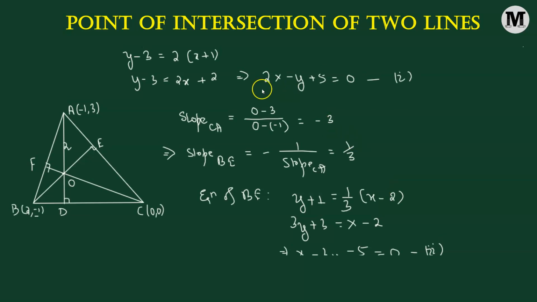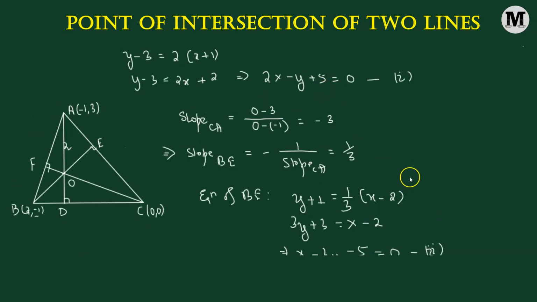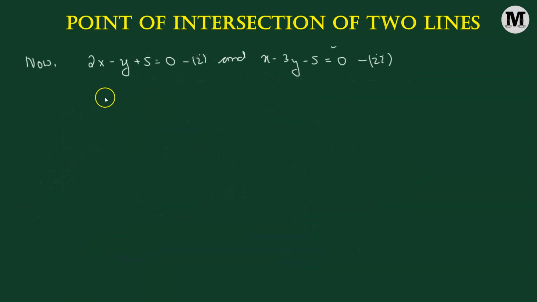So let's take equation 1 and equation 2, and then we are going to solve for the values of x and y. So we'll first consider equation number 1 and multiply each term by 3. So 3 times 2x is going to give us 6x, minus 3 times y gives us 3y, plus 3 times 5, that's 15, equals 0. We keep the second equation as it is.